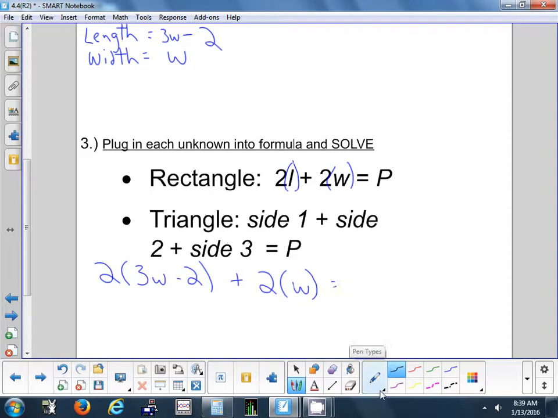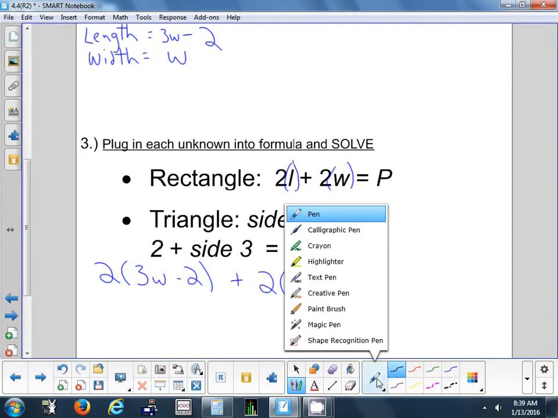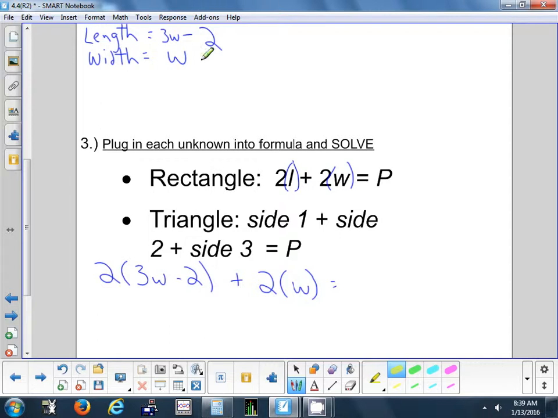Equals, what's the P stand for? Can somebody tell me what the perimeter is of that rectangle? I didn't put a perimeter on it, did I? You have it up top, Mr. Hager?